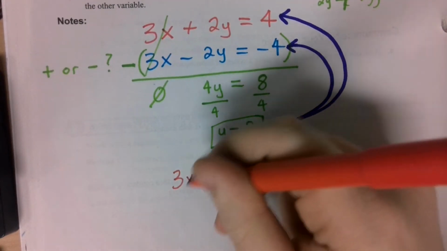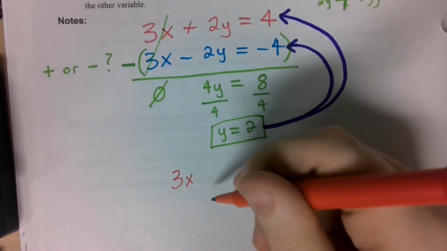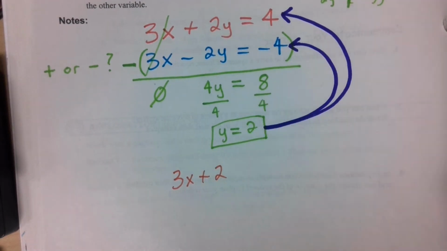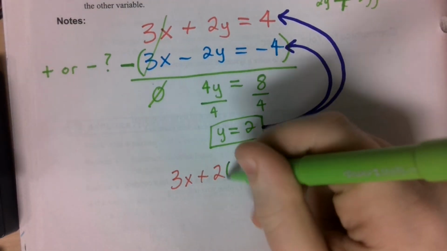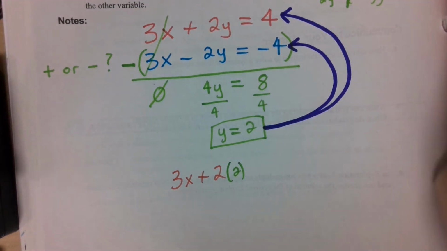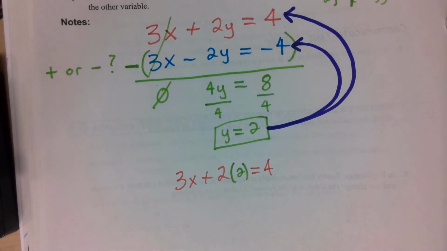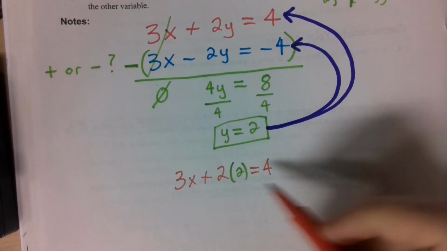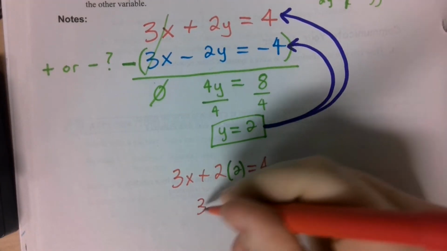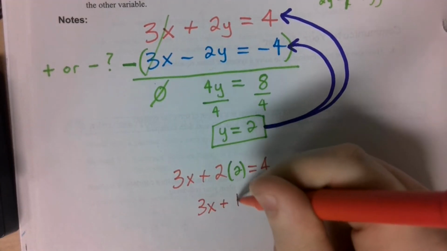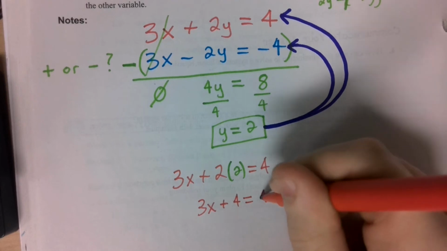So, if we put 2 in where y is, this would become 3x plus 2 times 2 equals 4. Well, now how do we solve this? First things first, we have to simplify. 2 times 2, we know, is just 4. 3x plus 4 equals 4.